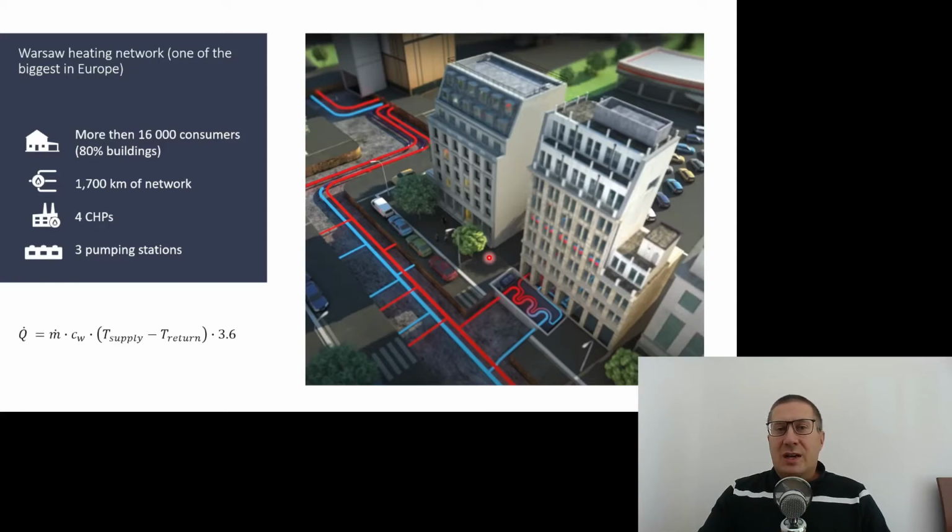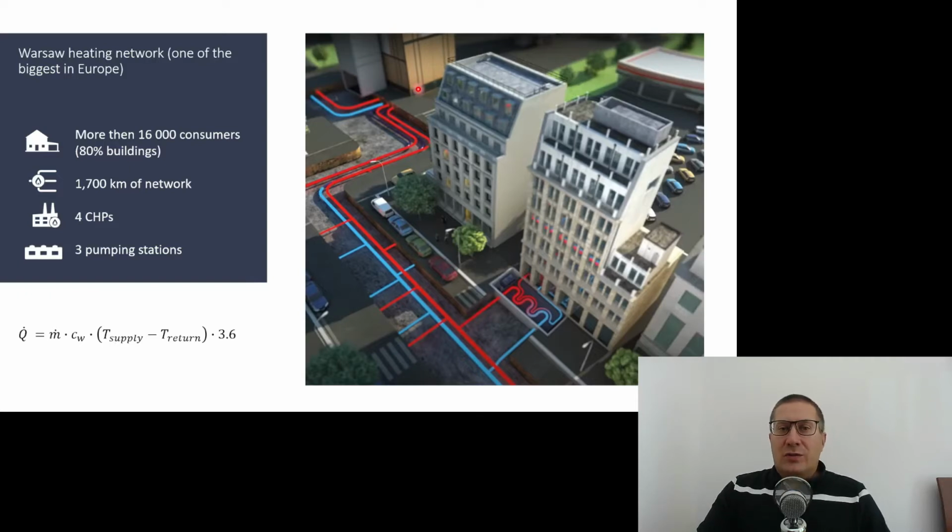In the winter it could be higher, even up to 120 centigrade. Those heat sources are generally heat plants that produce only heat, or CHP plants, combined heat and electricity production, where we produce not only heat but also electricity.